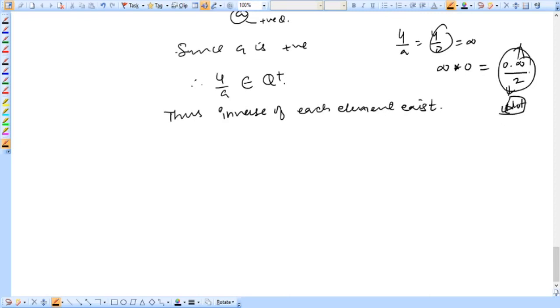Therefore it is not equal to 0 again. Therefore we can say there exists no element which when multiplied with 0 gives 2, because 2 is the identity in this case. So in that case, if 0 had been part of this set, it would have violated the inverse property, because 0 cannot have an inverse, right?